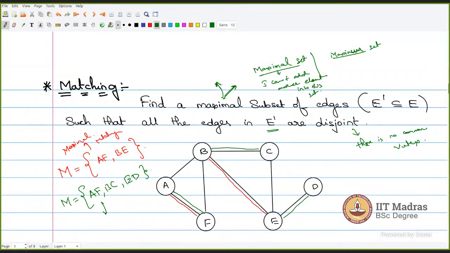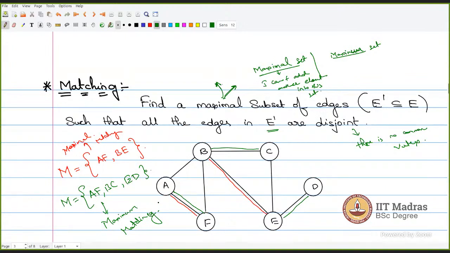So this is maximum matching. So understand the difference between maximal and maximum. In this course, we are worrying about the maximal. If you can come up with the maximal, it's sufficient. No need to be maximum.